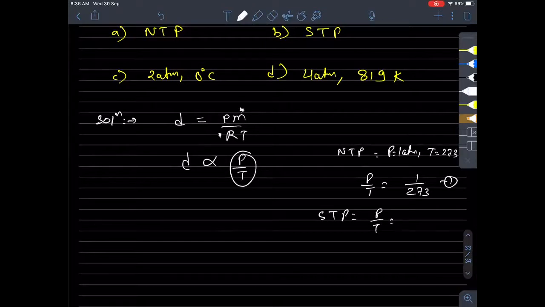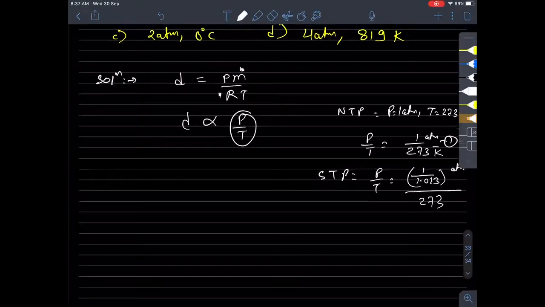So 1 bar is 1 upon 1.013 atm, versus Kelvin, divided by 273, which is approximately the same, 1 upon 273.